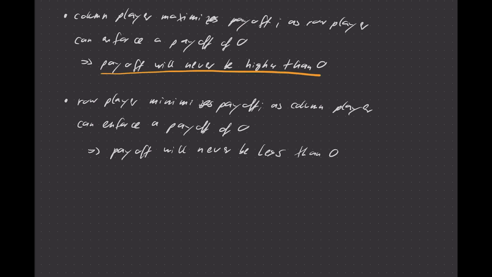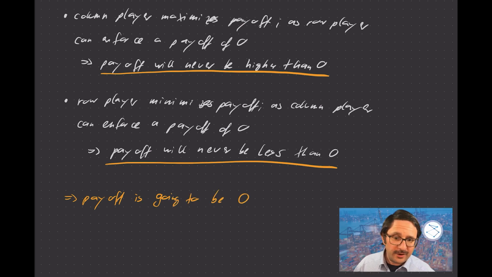Now we just take these two together here. So we have a payoff that's never higher and never lower than 0. Then that means the payoff is going to be 0. Otherwise, one of those two is always unhappy and can do better by enforcing 0. Now in that situation, both enforce that payoff of 0, both play the strategy 1/2, 1/2 to enforce that point.